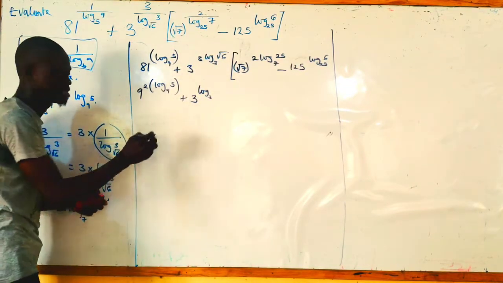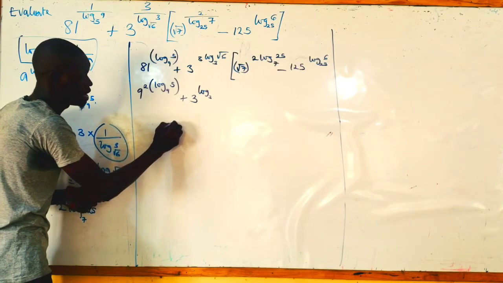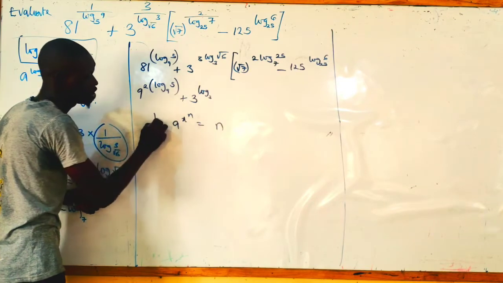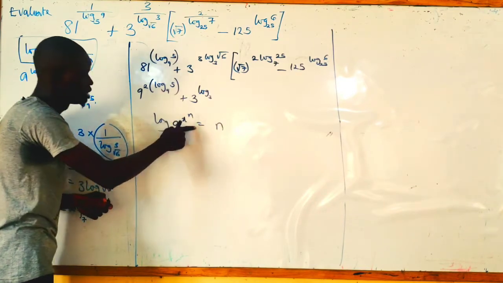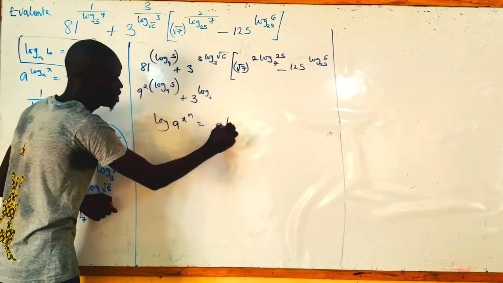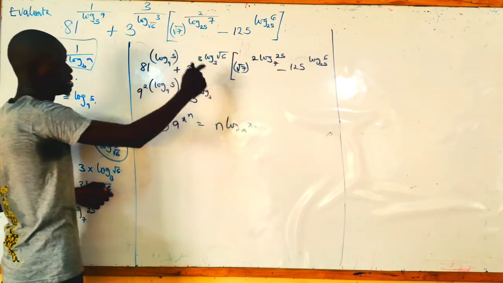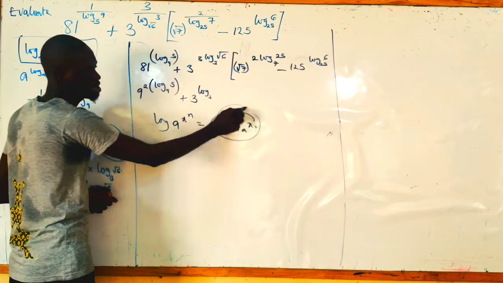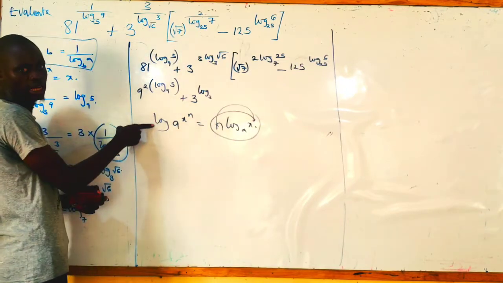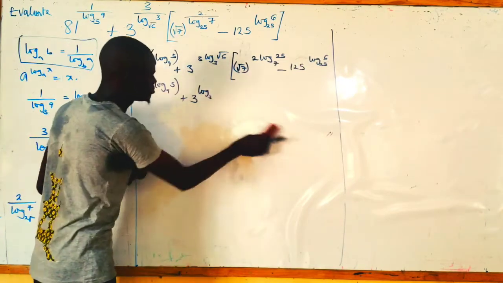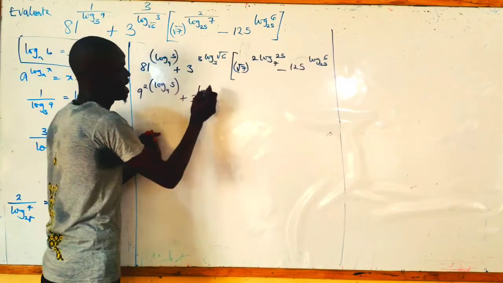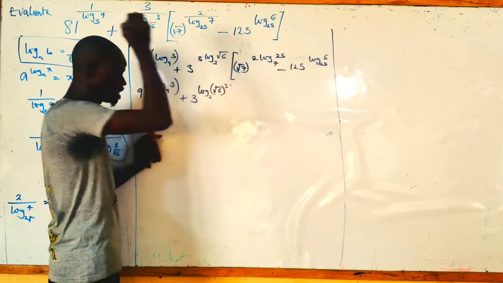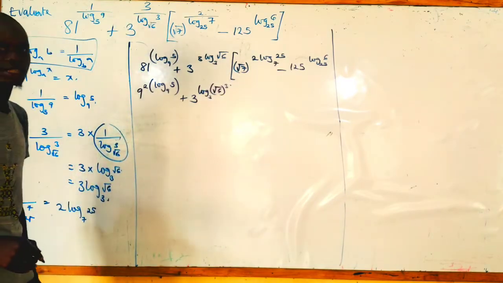The law of logarithm says that log a raised to power x raised to power n can be written as n log a raised to power x. That means if I have something of this kind, I can return this n back as power like this, whereby I'll be having this one here as log of 3 root 6 raised to the power of 3. I'm going to be having something of this kind.